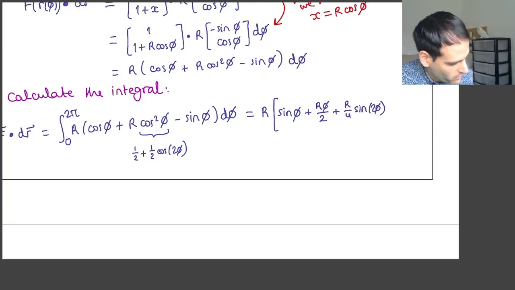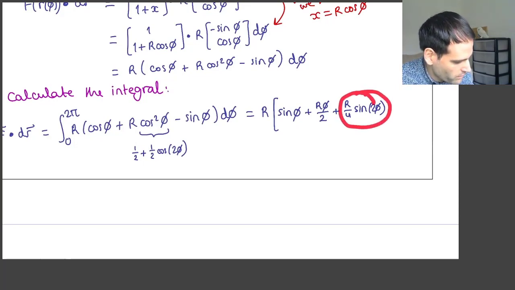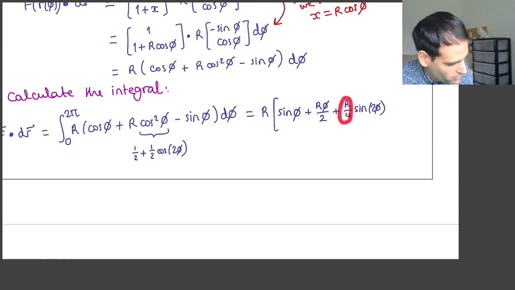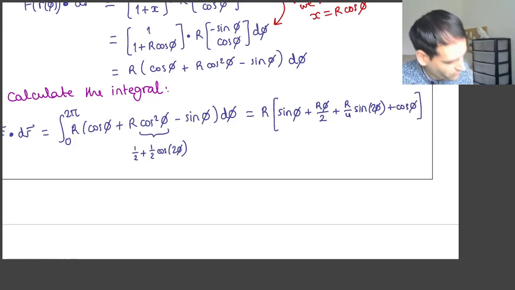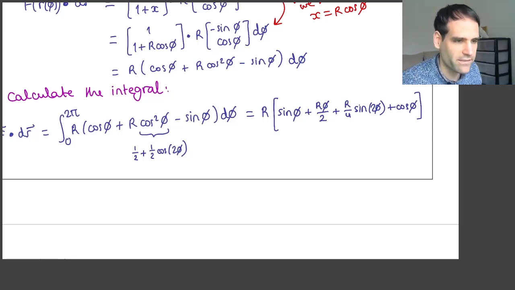Right? You have to think backwards. When you do the derivative of this, the 2 will come out, so this will become 1/2 times the cosine of 2 phi. Yeah? Okay, and finally the integral of minus sine is the cosine of phi. Okay, so that's how you do this integral.